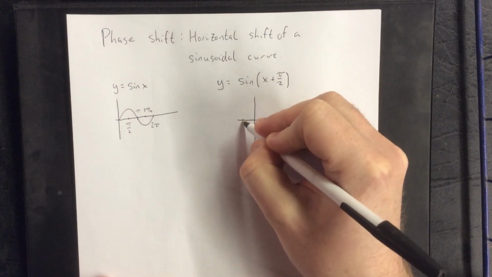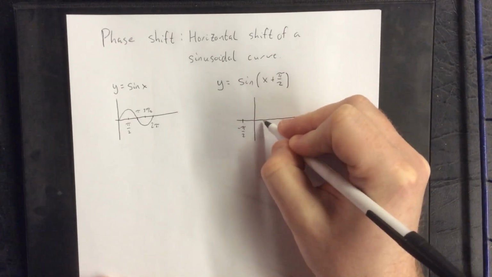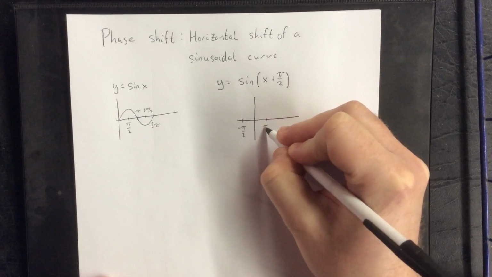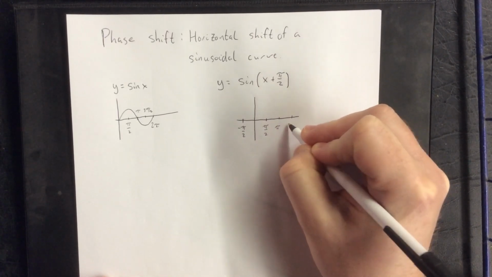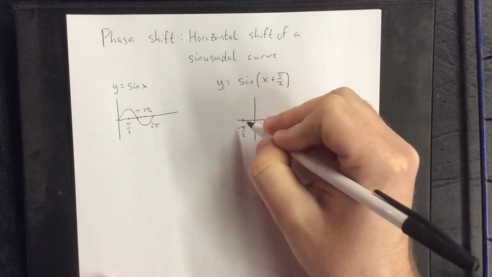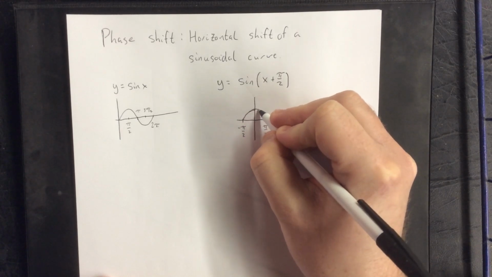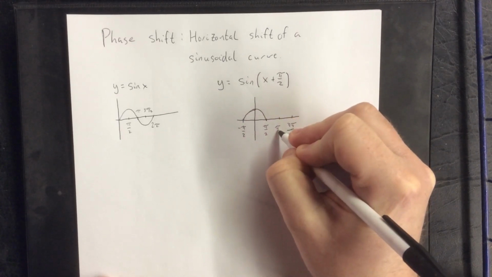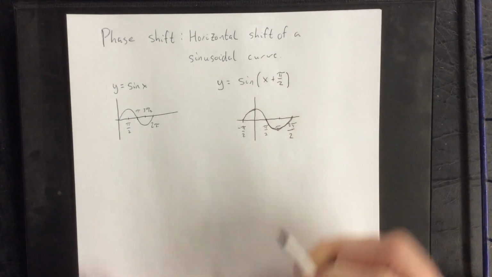So that means that we would be shifting our sine curve to the left by pi over 2 units. All of the other corresponding values of x would also get shifted over by pi over 2 units. So this sine curve would look like the following.